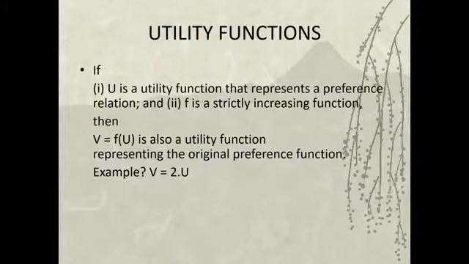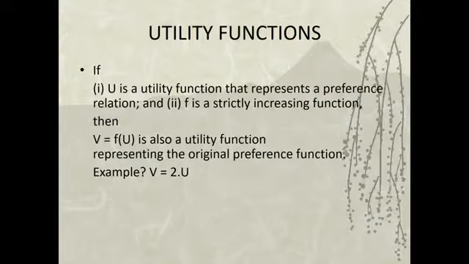So, the utility function: if u is a utility function that represents a preference relation, and f is a strictly increasing function, then v, which is equal to f of u, is also a utility function representing the original preference relation.